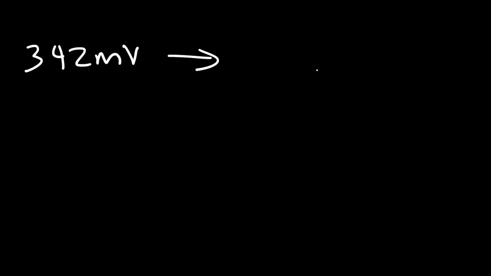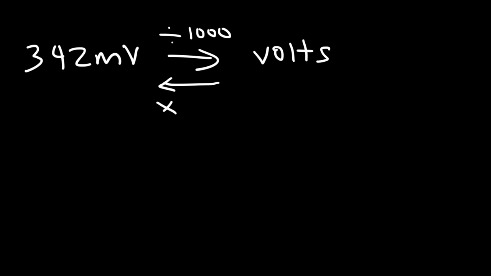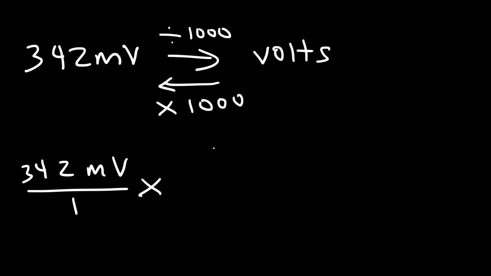So how can we convert millivolts to volts? If you want to convert millivolts to volts, you need to divide by 1,000. And if you want to go from volts to millivolts, you need to multiply by 1,000. Now, here's how you can convert it. Start with what you're given. Now, we need to cancel this unit.